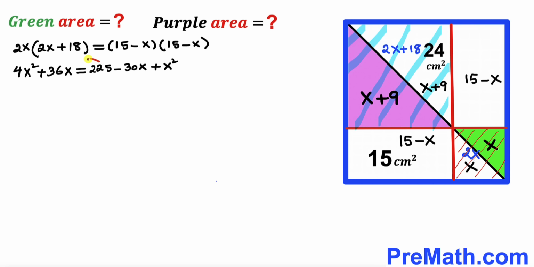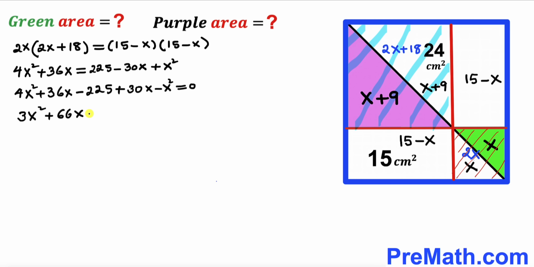And now we are going to move everything to the left hand side, as you can see in this next step. And now let's combine the like terms. We are going to have 3x square plus 66x minus 225 equal to 0.